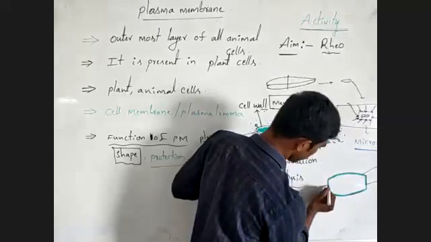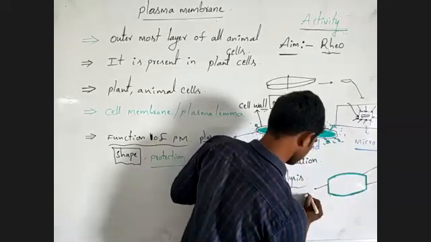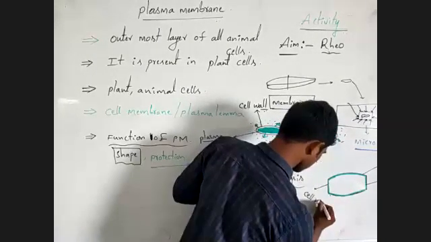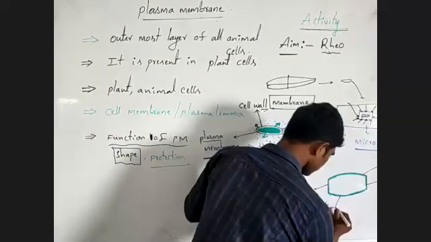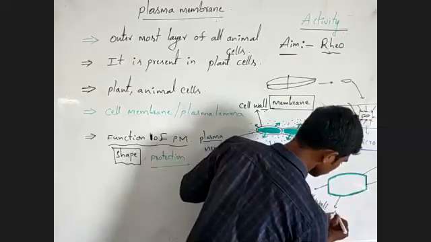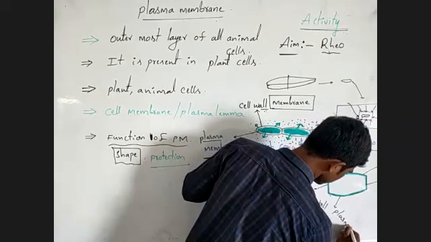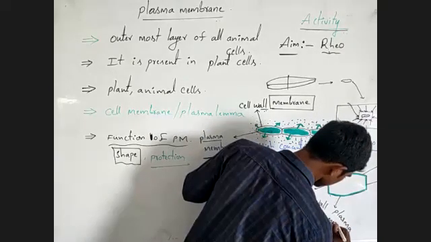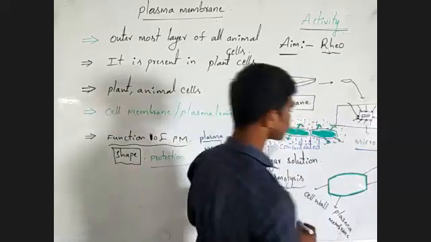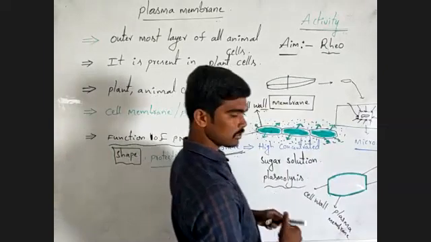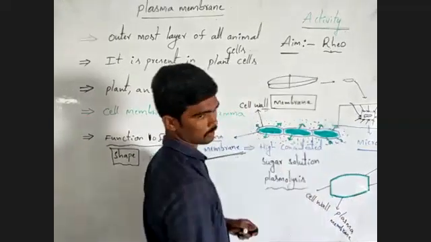Observe this black color means cell wall. This green color is the plasma membrane. This is actually a normal cell.